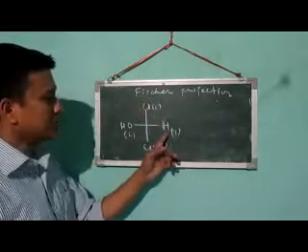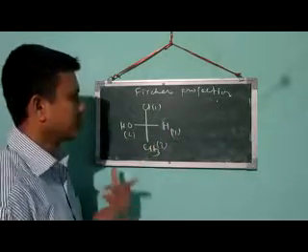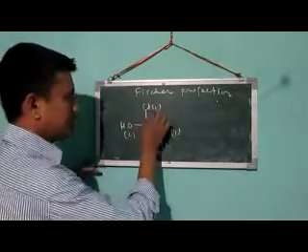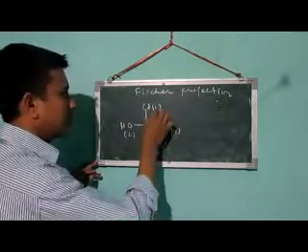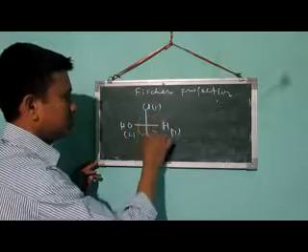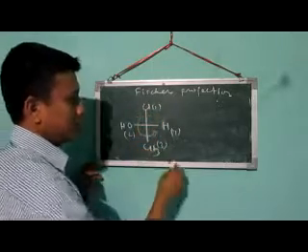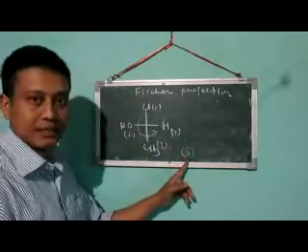Now we can see the fourth group is not present in the vertical bond. Here one very good rule is there. What is that very good rule? If the fourth group is not present in the vertical bond, we can move from 1 to 2 to 3. It is anti-clockwise, so the name should be S.